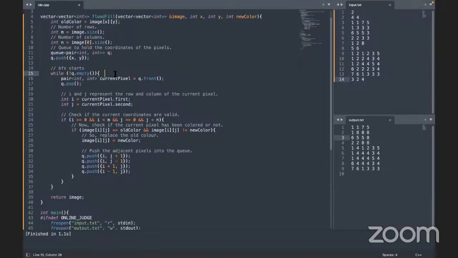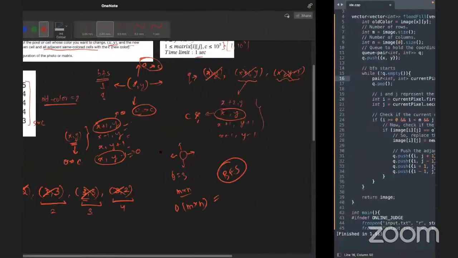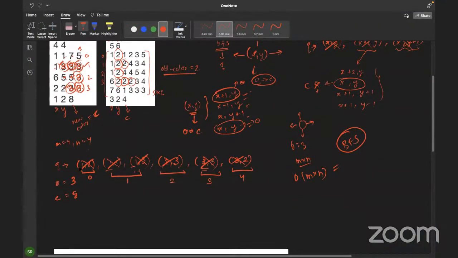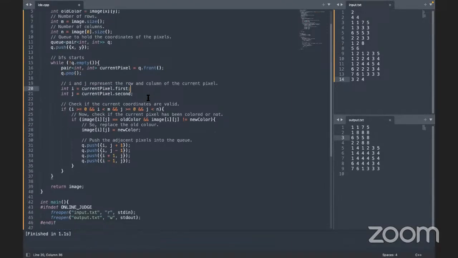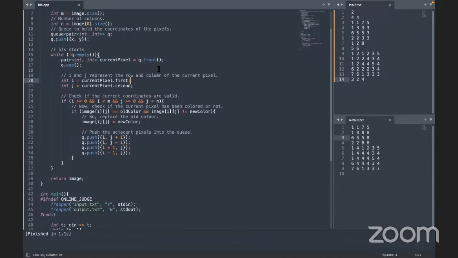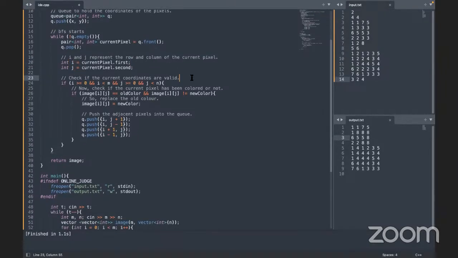At each iteration, we look at the front of the Q, maintain it as the current pixel or current cell, and pop it from the Q. Also maintain the row and column, I comma j, of the current pixel.